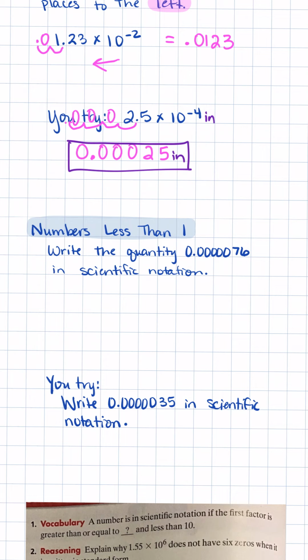Write the quantity 0.000076 in scientific notation. So we're doing exactly the opposite. So this is going to go over 1, 2, 3, 4, 5, 6 places. So then we have 7.6 times 10 to the negative 6th power.